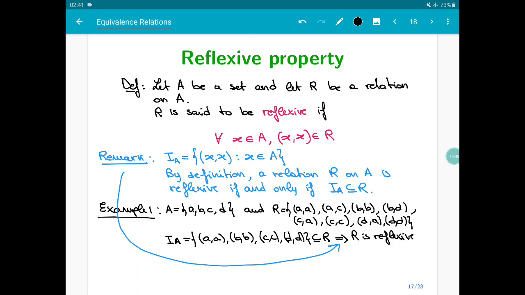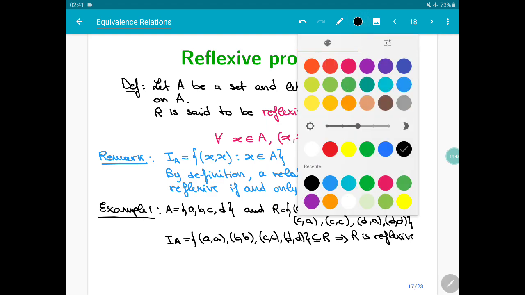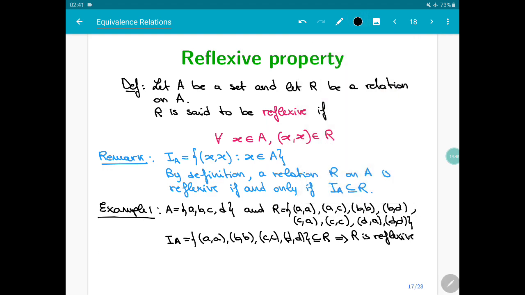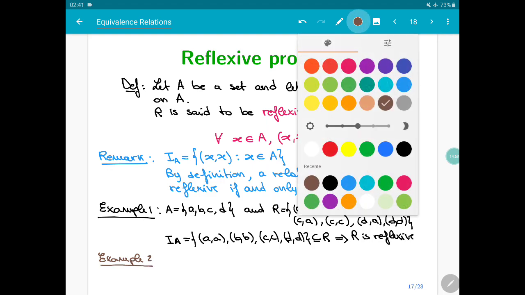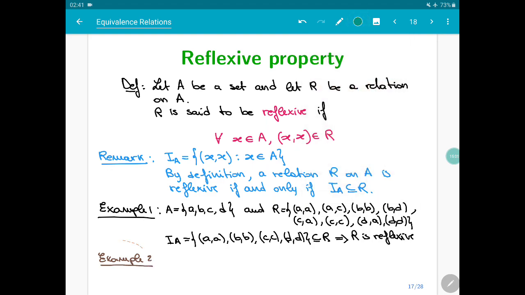Okay, let me do another example. Let's take another color. Example 2. Well, I don't like this color. Let's take this one.